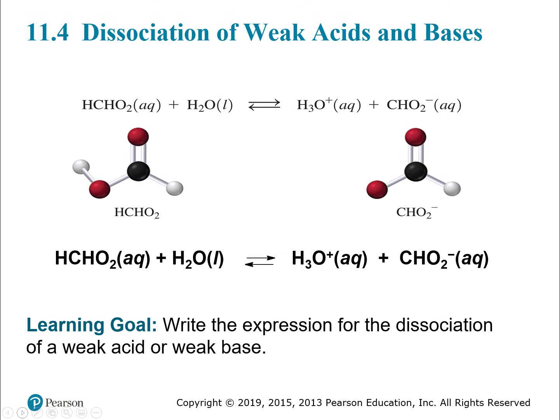So in chapter 9, we talked about strong and weak electrolytes and non-electrolytes. This week, we're focusing on acids and bases, which can fall into those categories of strong or weak electrolytes. So first, we're going to learn how to write the expressions for dissociation of a weak acid or a weak base.